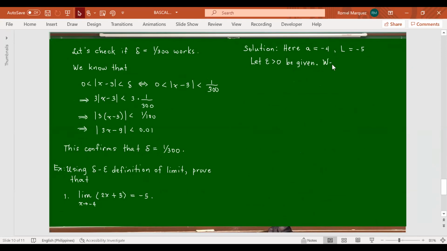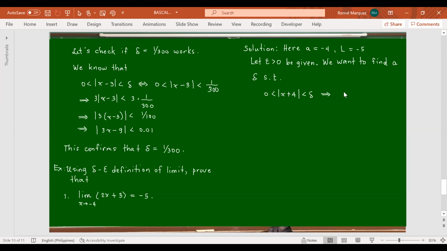We want to find a delta such that the absolute value of x minus a, what is our a? -4. So it becomes x plus 4, is between 0 and delta.